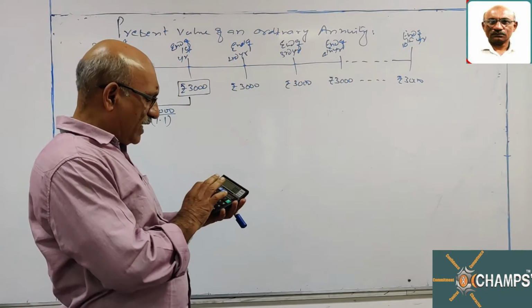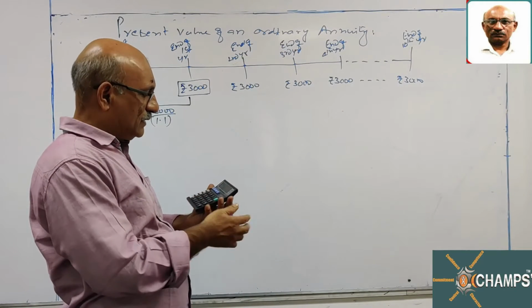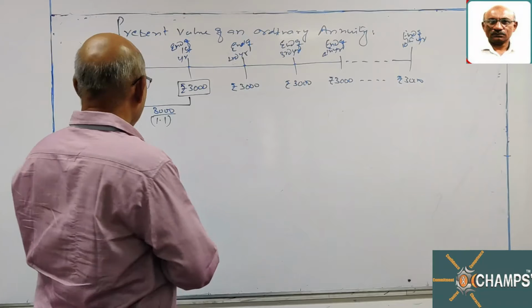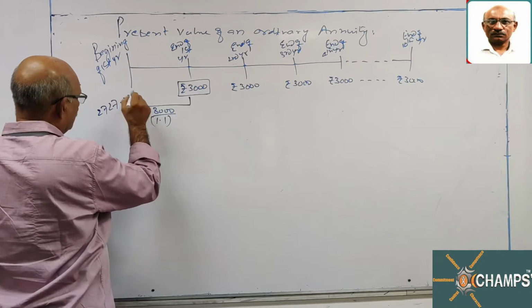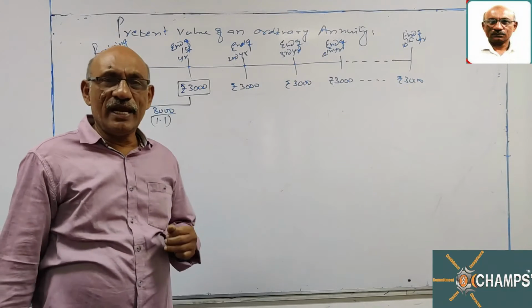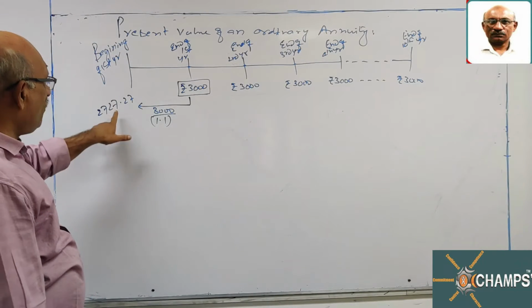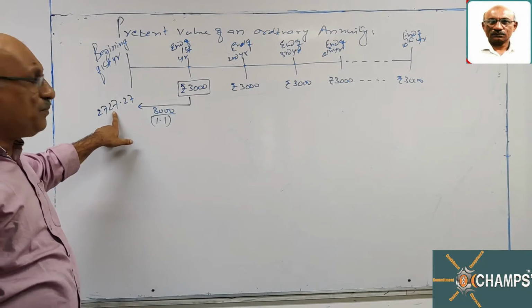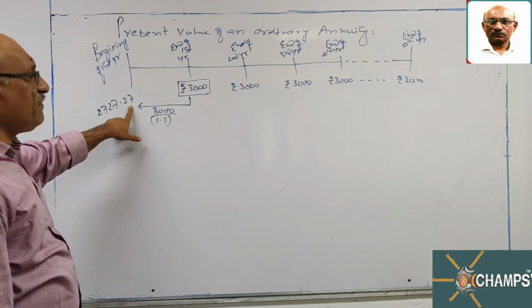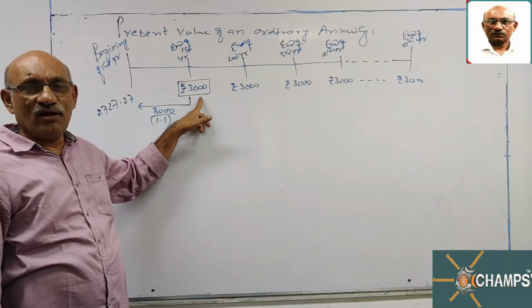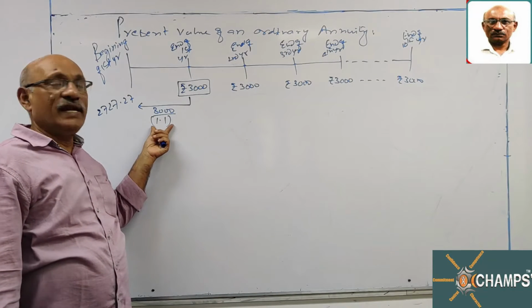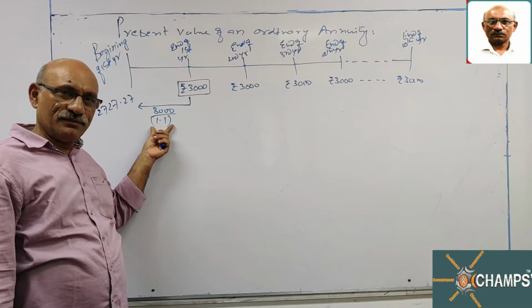So 3,000 divided by 1.1 is 2727.27. What does it mean actually? At the beginning of first year, if I deposit 2,727.27, it will become 3,000 at the end of the year when rate of interest is 10%.